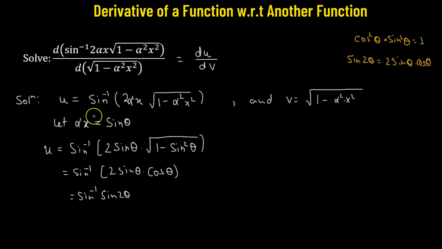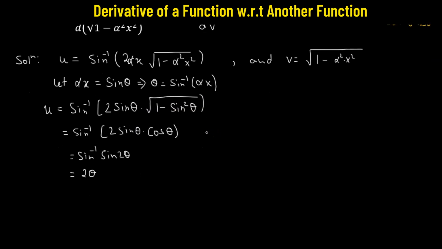Now we have u equals sine inverse of sine of 2 theta, which is simply equal to 2 times theta. Since we have taken alpha x to be equal to sine theta, theta equals sine inverse of alpha times x. So that means we now have u equals 2 times sine inverse of alpha times x.